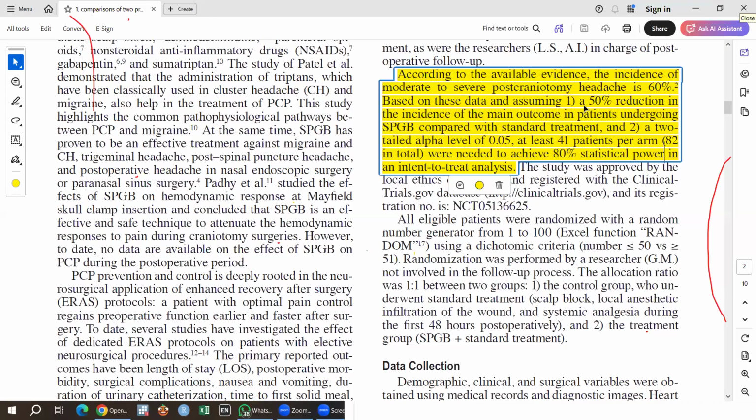Please see this: a 50% reduction in the incidence of the main outcome in patients undergoing SPGB, which means our intervention group. So they are telling us that in the SPGB intervention group there is a 50% reduction. They did not mention relative reduction here.